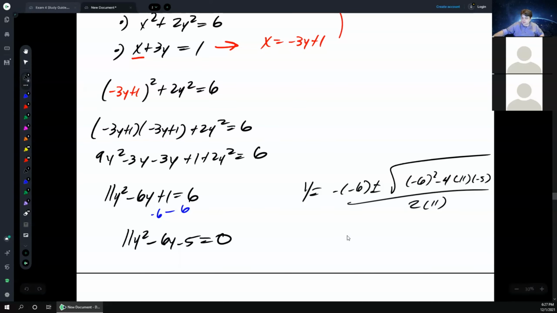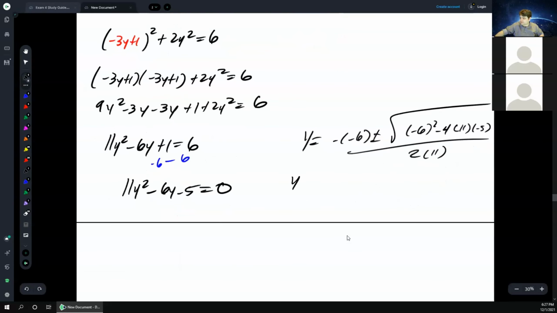All right, so just finishing this up, what do we get? y is equal to 6 plus or minus the square root of 36 minus minus, which gives us plus, 4 times 11 times 5. That's 220, so 256. All over 22.